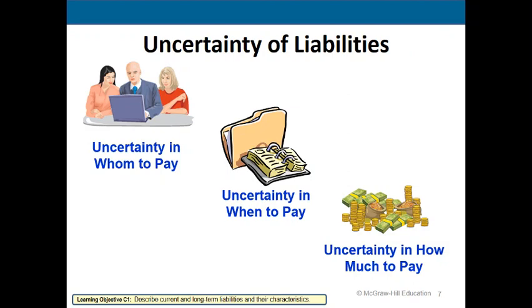You could have a liability where you issue a note payable to its holder, and you don't know who the holder is going to be at the time you pay the note. Again, I've never seen this before, but apparently it exists out there.